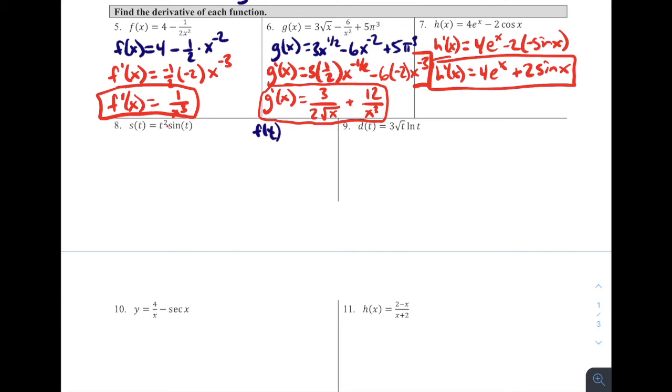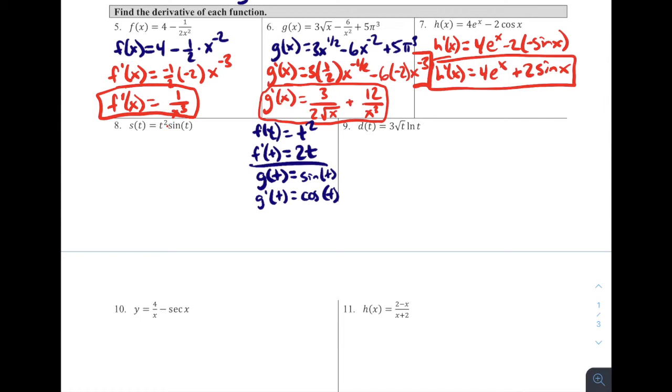So that's f of t is equal to t squared, and we know the derivative of that, f prime of t, would be 2t. And g of t would be our second function, that's sine of t. And the derivative of that would be cosine of t.